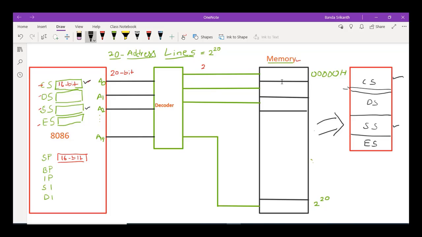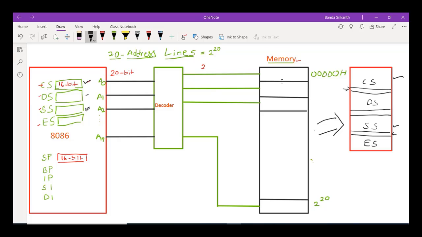The starting address will be stored into the corresponding segment register. Data segment starting address will be stored into the data segment register. Stack segment memory starting address will be stored into the stack segment register in the CPU.